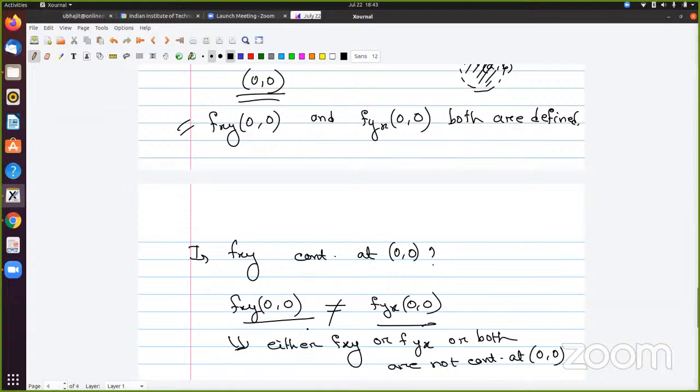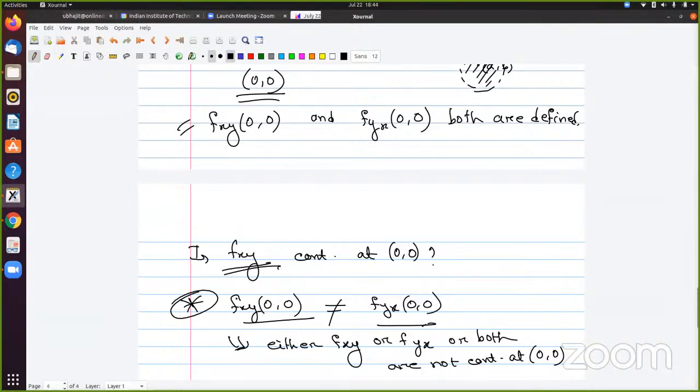If we want to know in particular whether this one is continuous, then we have to go by the definition of the function again. But when we see by Clairaut's theorem that these two are not equal, we can conclude that one of them is not continuous. That's for sure, because if both of them are continuous, then these two must be equal. This is basically the negation of Clairaut's theorem. Okay, so that is what I intended to make here.